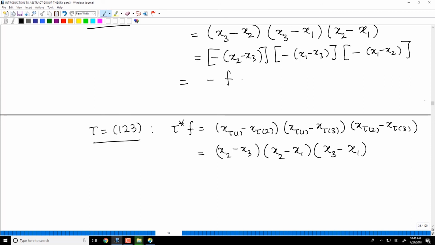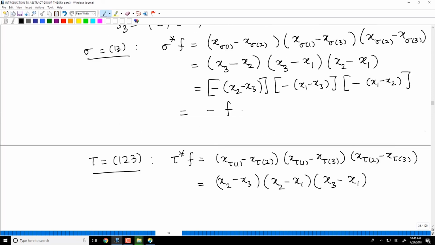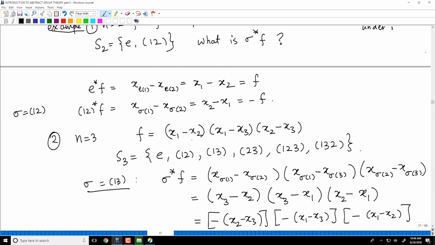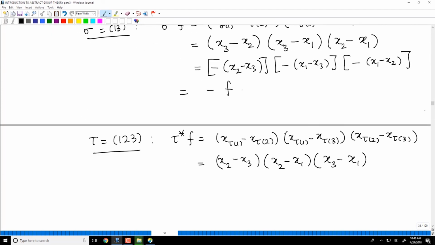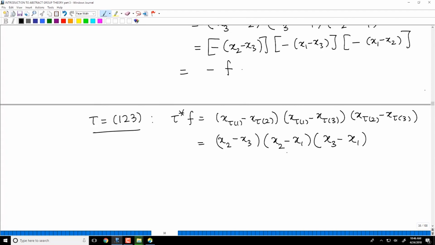So now how do you compare this with f? f has 3 terms again: x1 minus x2, x1 minus x3, x2 minus x3. Here we have those 3 terms, but unlike in the previous example, one of those terms has not changed. x2 minus x3 remains x2 minus x3, but the other two have been interchanged. This and this have changed signs.